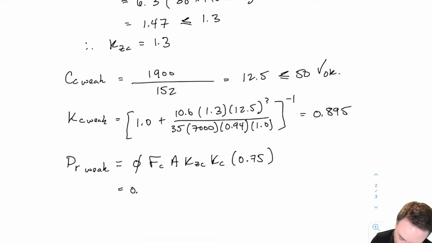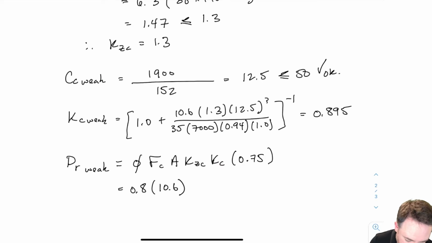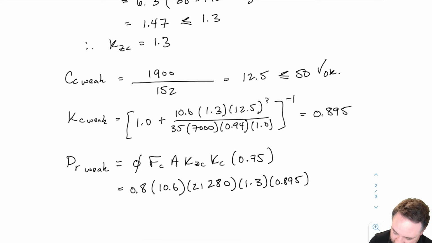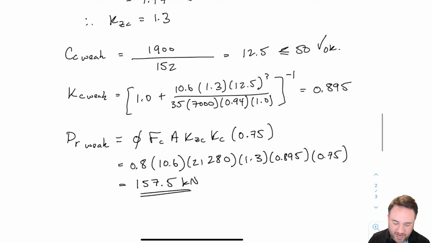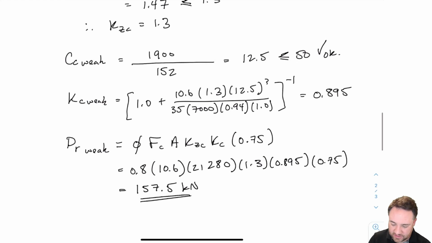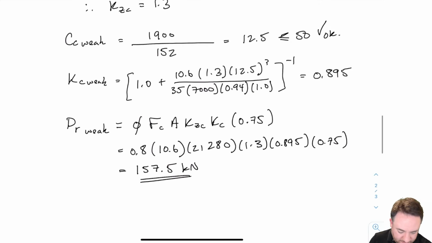So this is 0.8, that's our phi, times capital FC, which is our 10.6, times our area in millimeters squared, times 1.3, which is our KZC, times 0.895, which is our KC weak, times 0.75, which is our reduction to account for our built-up section, and we get 157.5 kilonewtons. So that's our PR weak for our adequately connected bolted section. You can see we have a pretty good strength.